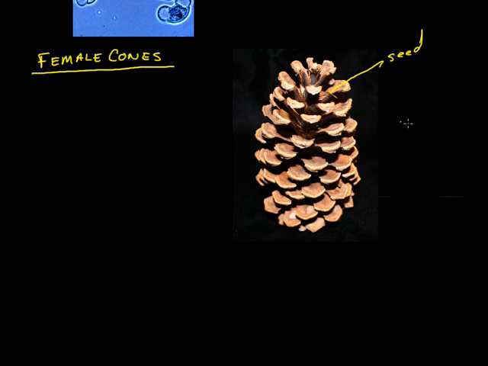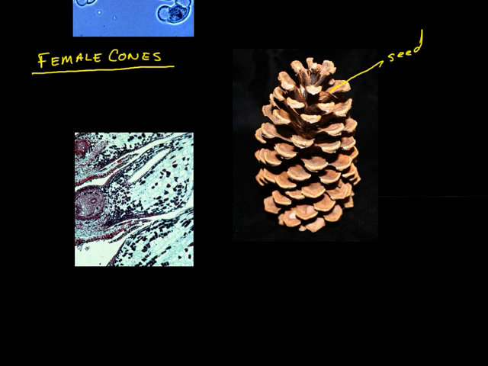If we look at a microscopic view of a cross-section of one of these female cones, it looks like this. What we're actually looking at here is a scale of the cone, and this is another scale here, and yet a third scale right here. And then at the base of the scale, right in here, is, in this case, one that's already been fertilized.